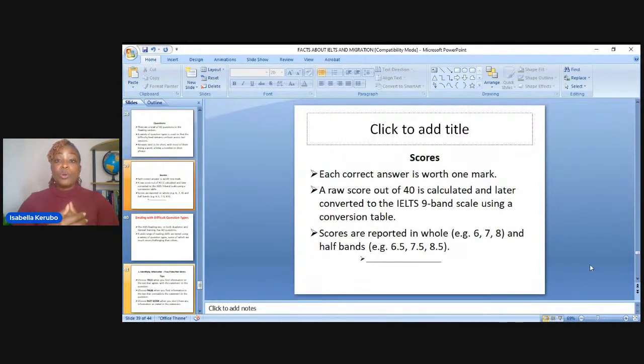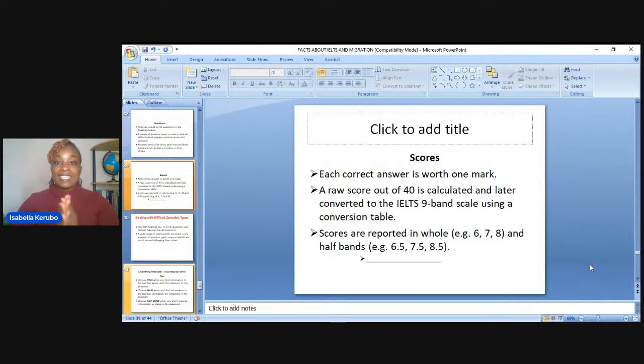Then lastly, the scores. Just like in the IELTS listening test, in the IELTS reading test also, one correct answer equals 1 mark. Like I said, the total number of questions is 40. So all the questions are marked out of 40. The raw scores are counted out of 40, and then later on they are converted into the band scale.